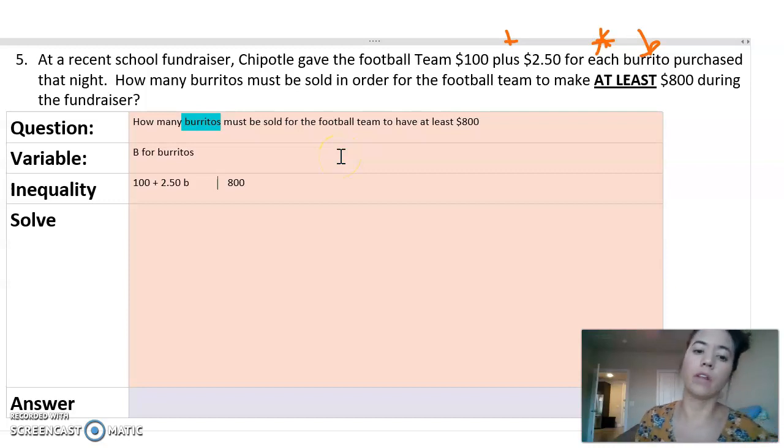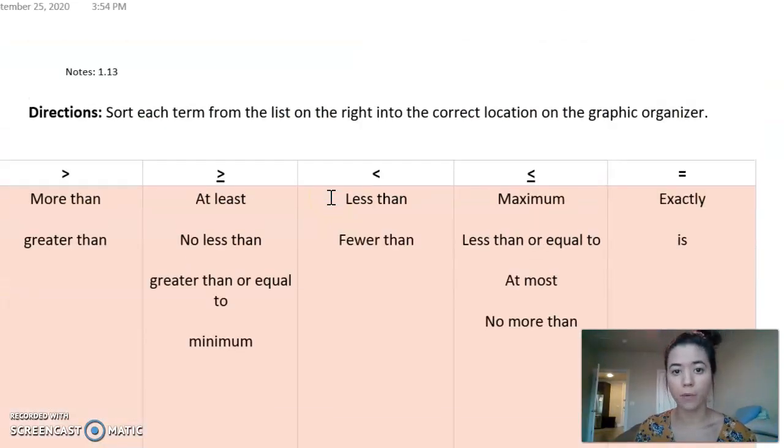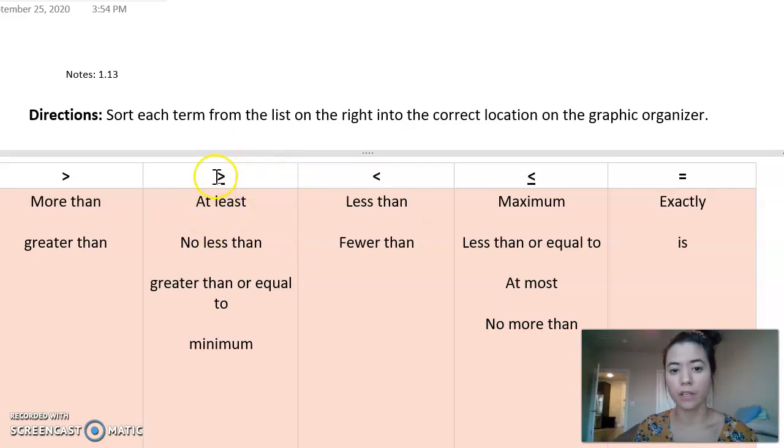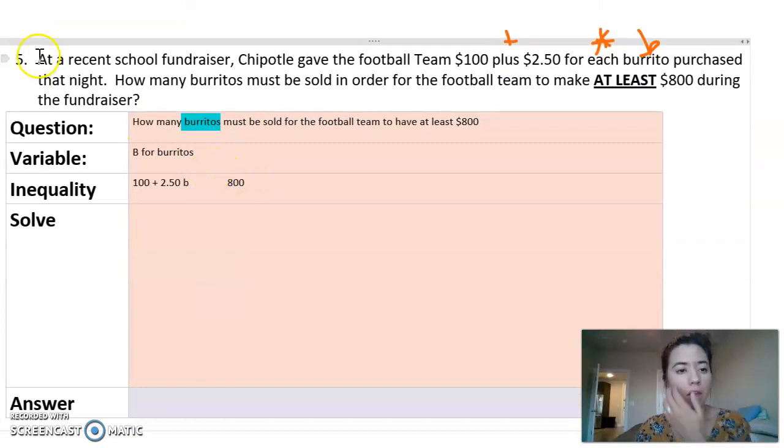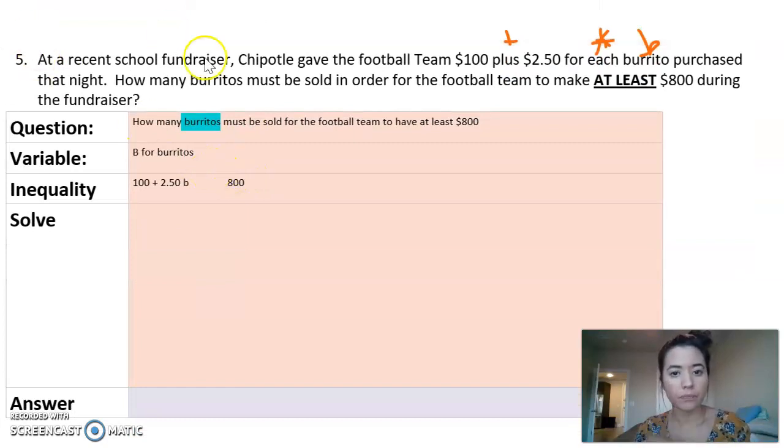And then now we fill in our sign. They need to make at least 800. So at least, you can scroll up to the top and look at our word capture up here. That tells us at least is a greater than or equal to sign. The other way you can think about it is, at least 800 is how much they have to make. This whole side right here is what they're actually doing.